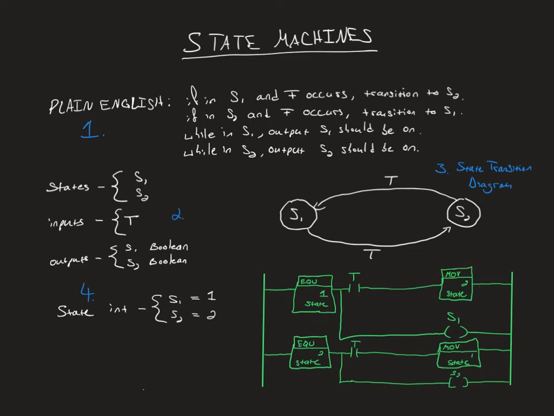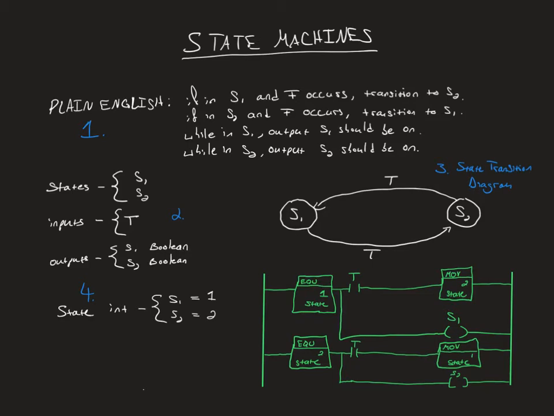And while we're in state 1, while the state is equal to 1, S1, the Boolean tag, is on because of this OTE. And when we're not in state 1, this EQU will not be true, so then this S1 OTE will be off. And the same logic applies down here.